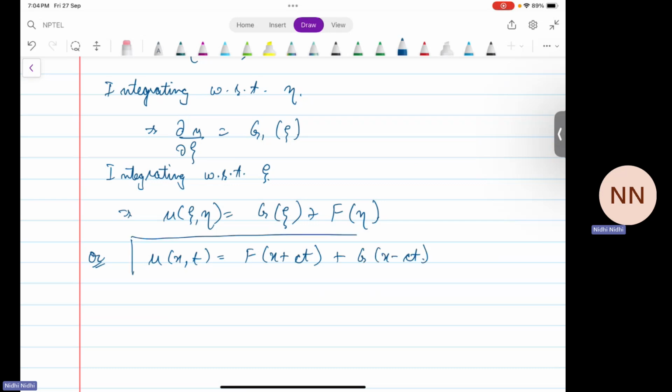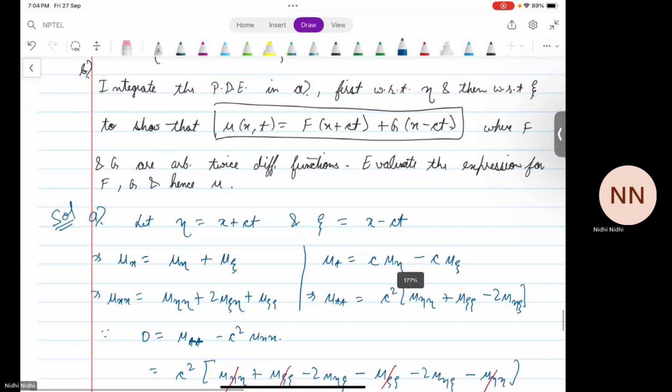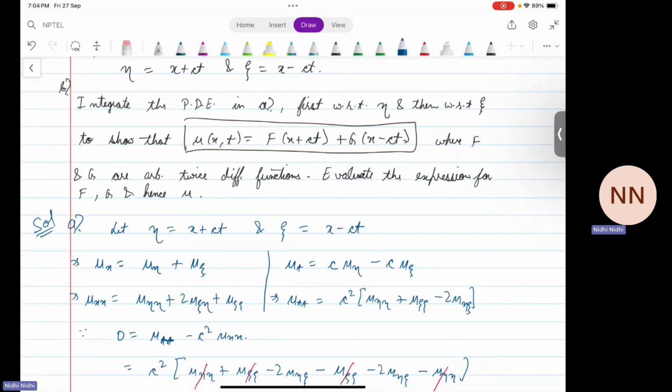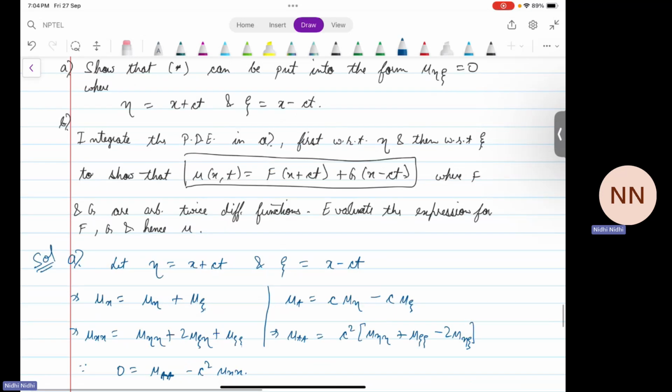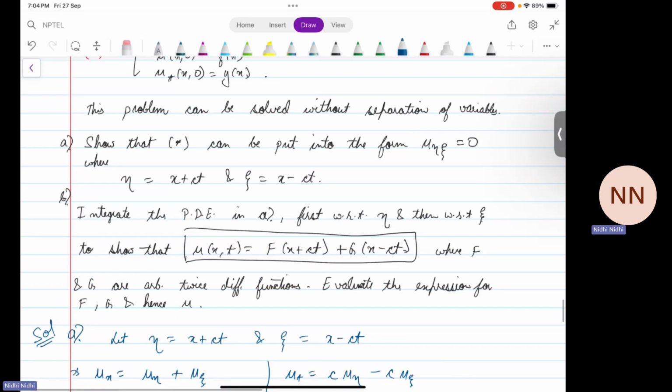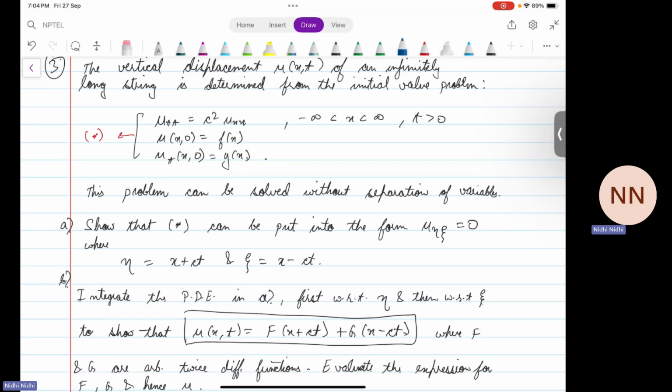So this is what we wanted to show. Further, clearly here f and g are arbitrary twice differentiable functions. Further, we need to find the expression for f, g and u. For that, we will be using the initial conditions that we are provided with.